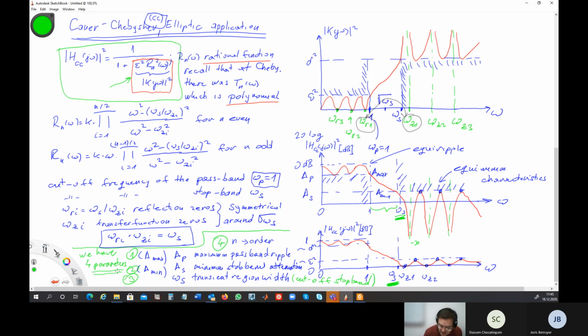We use 3 parameters and calculate the 4th. And the 4th is the best. This is the design procedure.